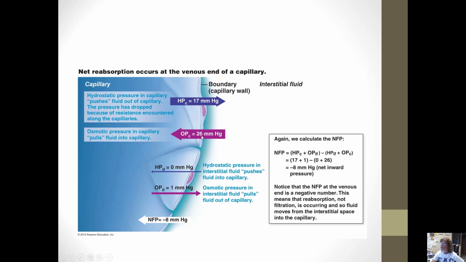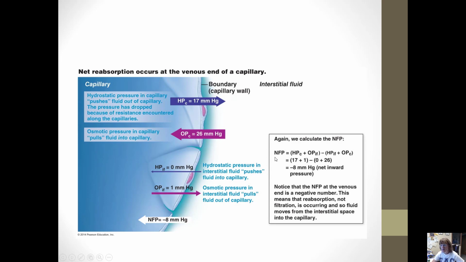Our osmotic pressure does not change, because the albumin concentration hasn't changed. As long as we didn't all of a sudden infuse more albumin down at the venular end, we're going to have the same osmotic pressure. Hydrostatic pressure of the interstitial fluid is still nothing, and the osmotic pressure of the interstitial fluid is still 1.